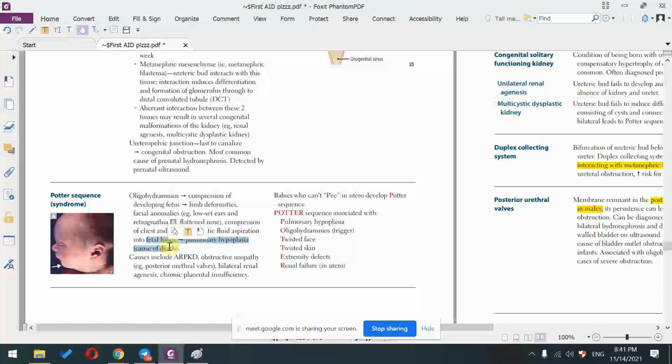So duplex collecting system can alternatively occur through two ureteric buds reaching and interacting with the metanephric blastema. In that case, it will not be Y-shaped. It will be basically two ureteric buds connecting to the blastema. Okay, it's strongly associated with vesicoureteral reflux, which we'll speak about in a moment, and ureteral obstruction.